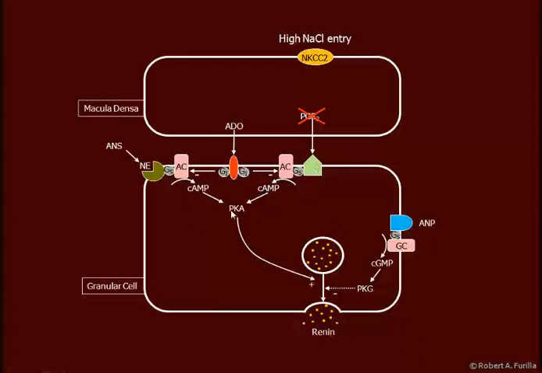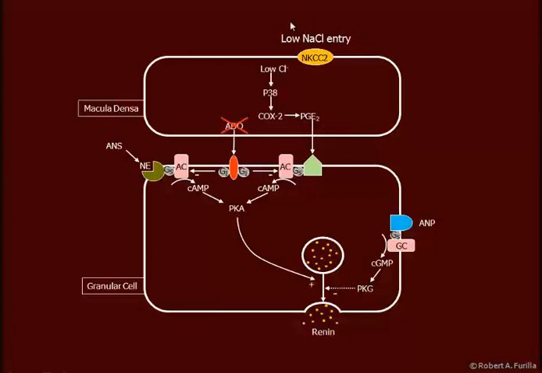Cyclic AMP causes the phosphorylation of protein kinase A, which then causes the translocation of renin-secreting vesicles to the membrane where they fuse and are released. And I will always point out that ANP, atrial natriuretic peptide, acts to inhibit this pathway through cyclic GMP-mediated protein kinase G, which inhibits this translocation process.